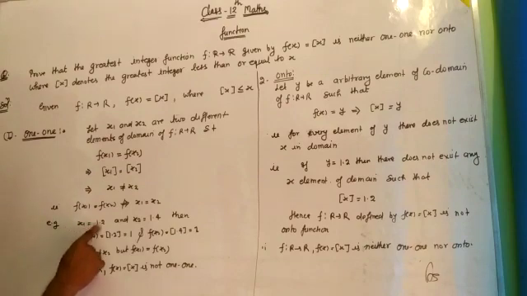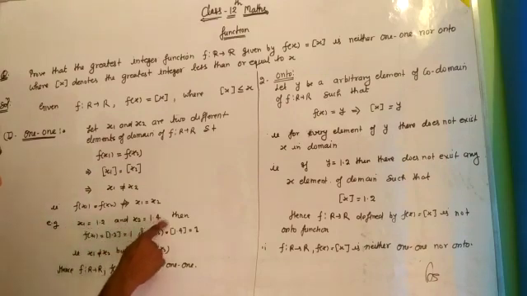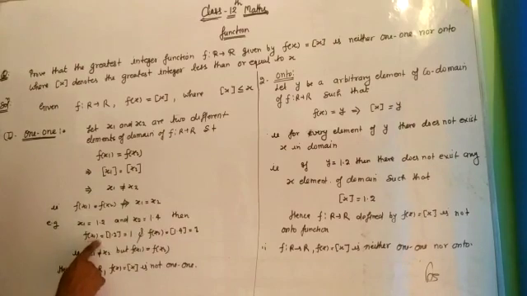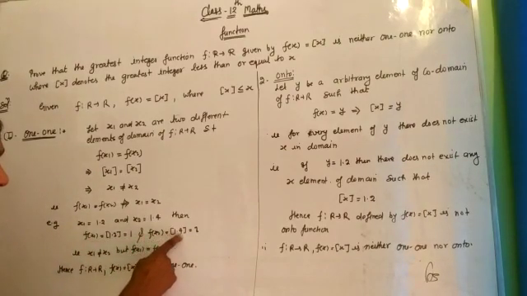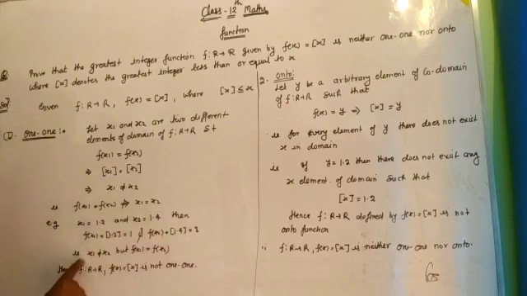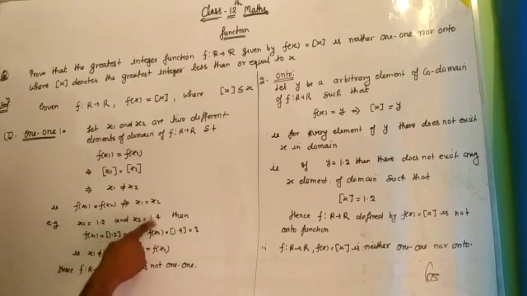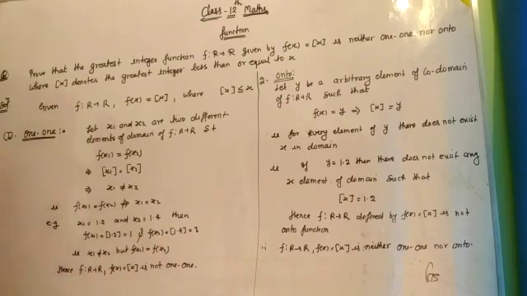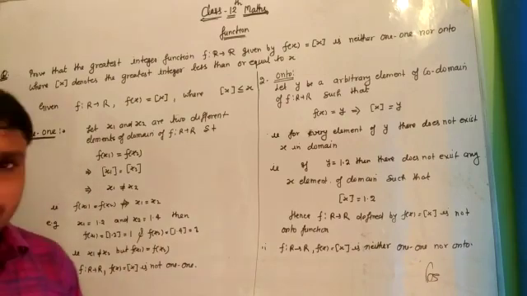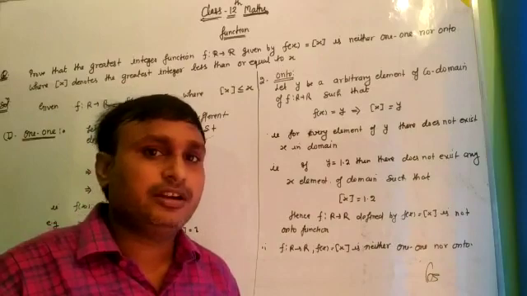Take x1 = 1.2 and x2 = 1.4. Then f(x1) = [1.2] = 1, and f(x2) = [1.4] is also 1. That is, x1 is not equal to x2, but f(x1) = f(x2). Hence f from R to R is not a one-one function.